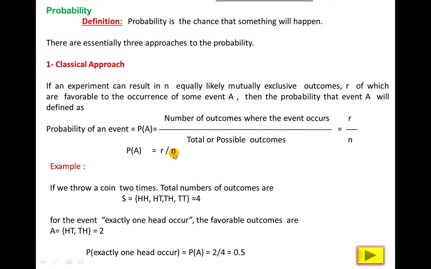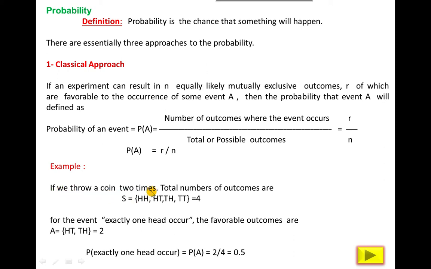Why is this called the classical approach? Because it is the classical formula of probability, and we can draw the numerator term and denominator term: outcomes of the event divided by outcomes of the sample space, or possible outcomes. Out of total, how many? This is the classical approach. You have used this example in the definition of sample space and event.